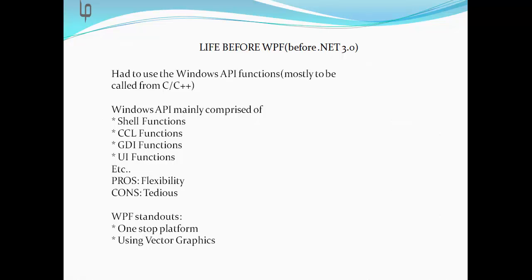Internally it uses Direct3D, and it also uses a GPU if you have one, or else it does software based rendering. The third important point is that it helps us represent our UI as XML based, called XAML in WPF.